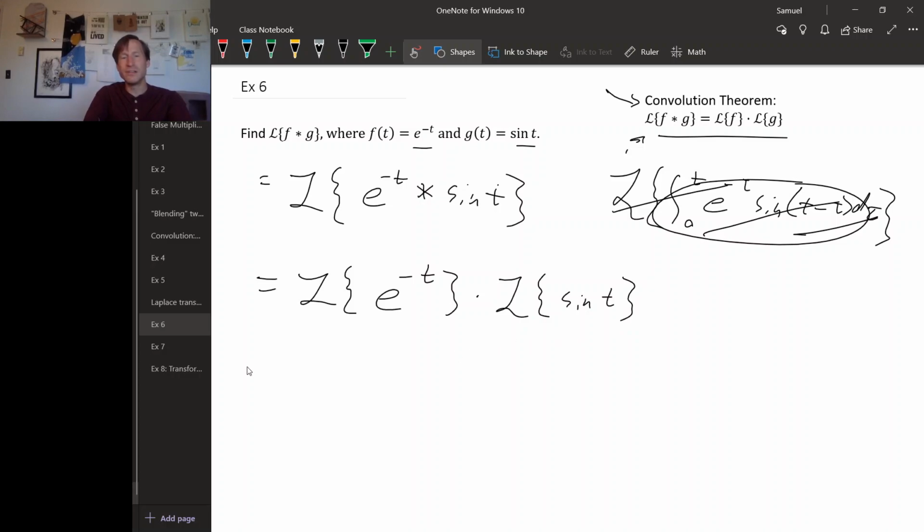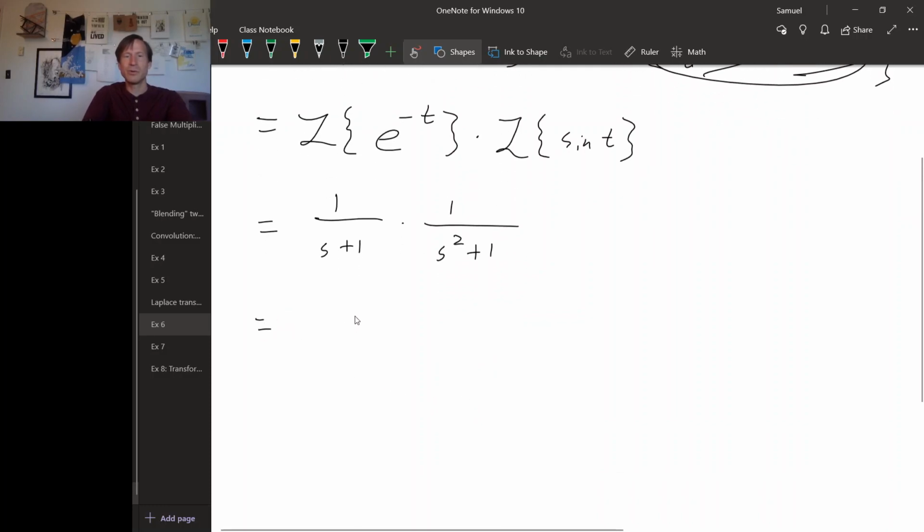And we know these individual Laplace transforms. The Laplace transform of e to the minus t is 1 over s plus 1, and the Laplace transform of sine of t is 1 over s squared plus 1. So altogether, we get 1 over s plus 1 times s squared plus 1.